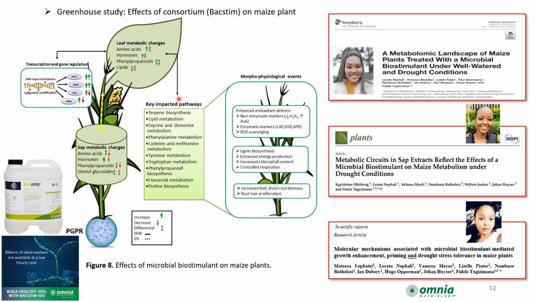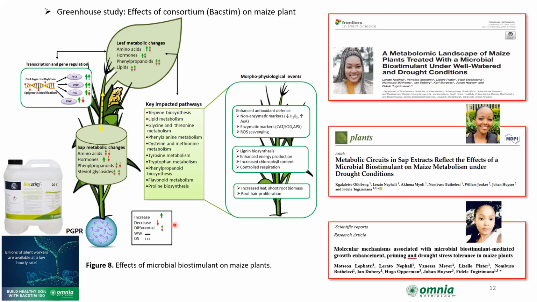So I applied untargeted metabolomics looking at the leaf metabolic changes, and Mott applied the targeted approach, and she also performed DNA methylation as well as gene expression on the leaves, and Khaleleto applied both untargeted and targeted metabolomics to explore the sap metabolic changes that were due to the application of Bastim.